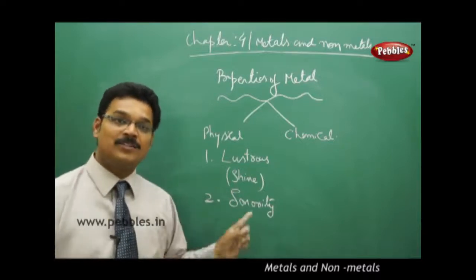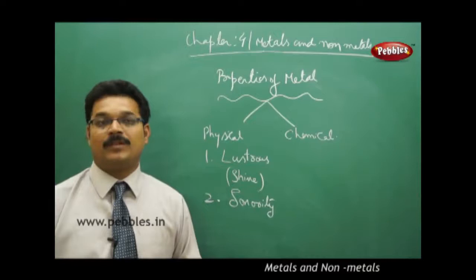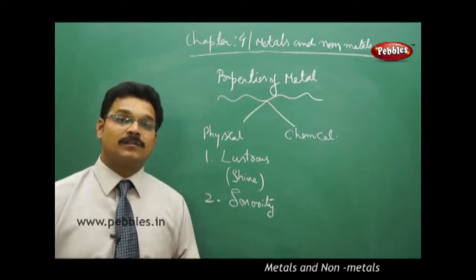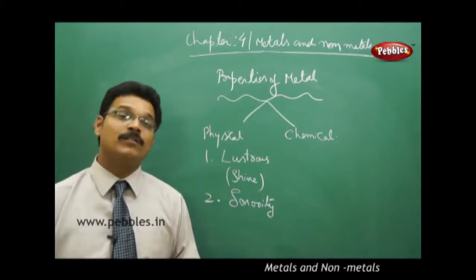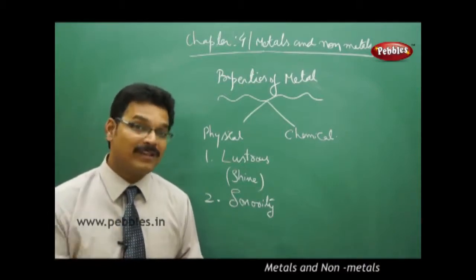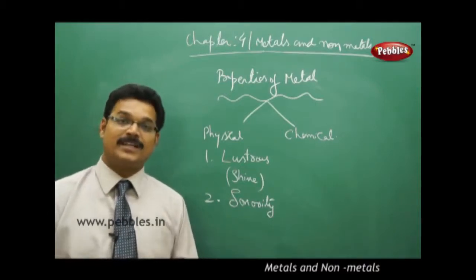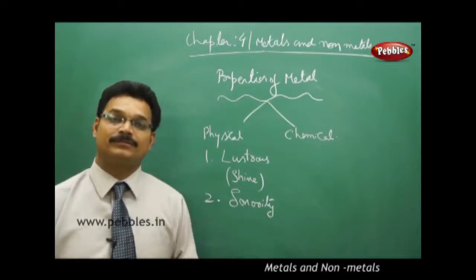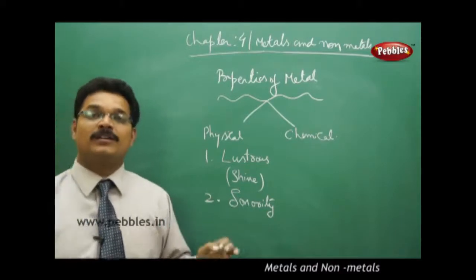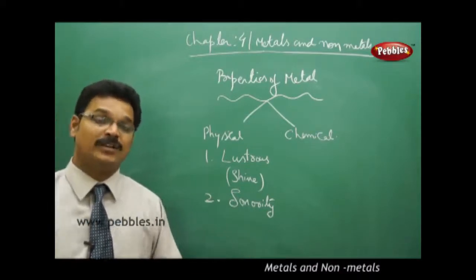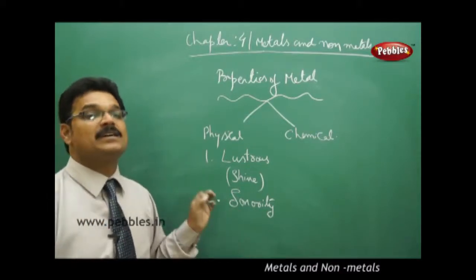Metals peculiarly have this property. That's why metals are used for bells in schools also. Why don't schools use a wooden bell? Because wood doesn't have this property. So sonority is another special property with which you can find out that a material is a metal.